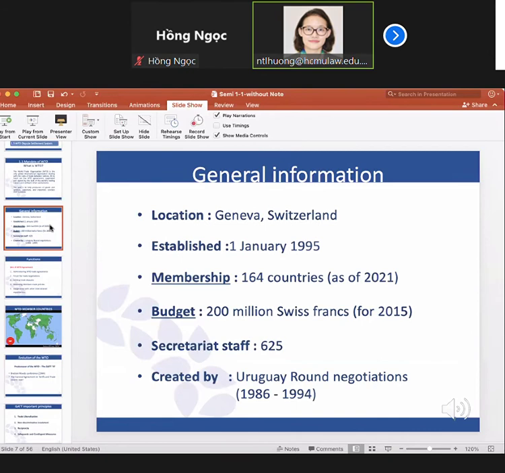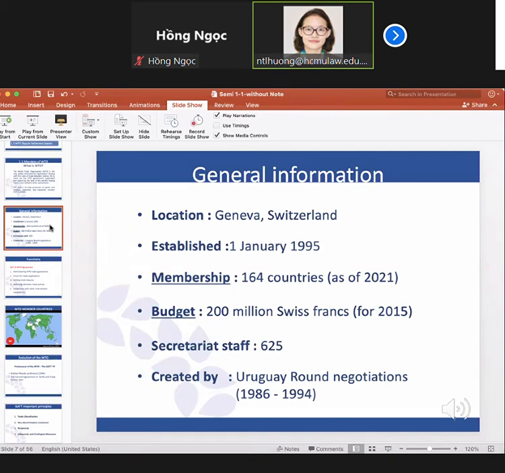Now here in this slide, I have prepared some basic information relating to the WTO. Right now, the main office of the WTO is located at Geneva, Switzerland, next to Geneva Lake. And yeah, they have a pretty nice view there.